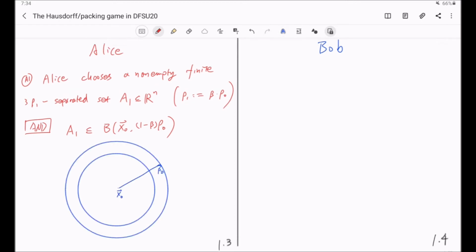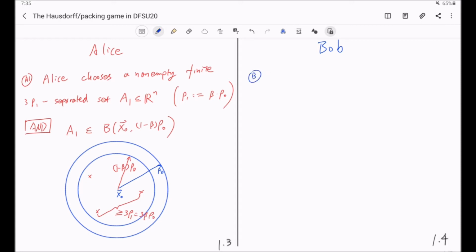Now let's draw a picture. The outer circle has center x naught and radius rho naught. And this inner circle has radius 1 minus beta times rho naught. Those points are Alice's choices in A1, and they are 3 rho 1 separated, which is 3 times beta times rho naught.